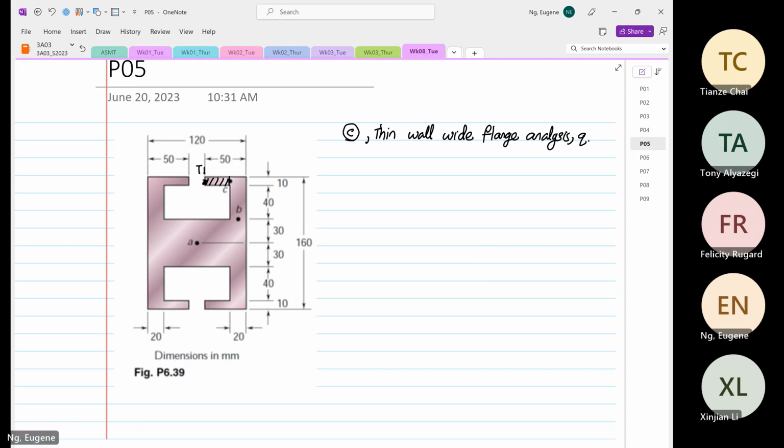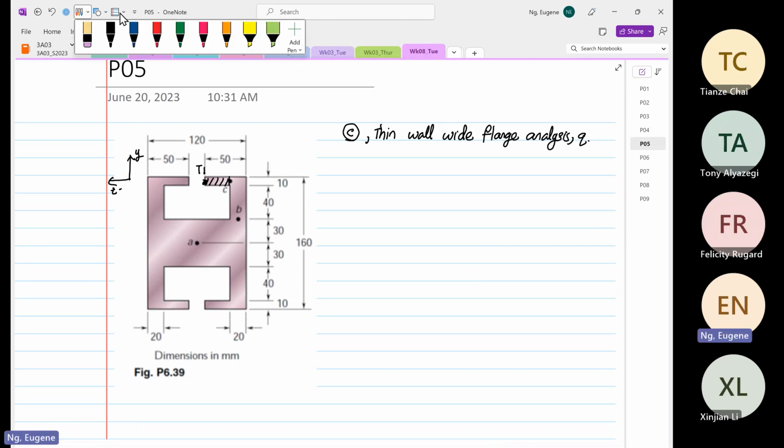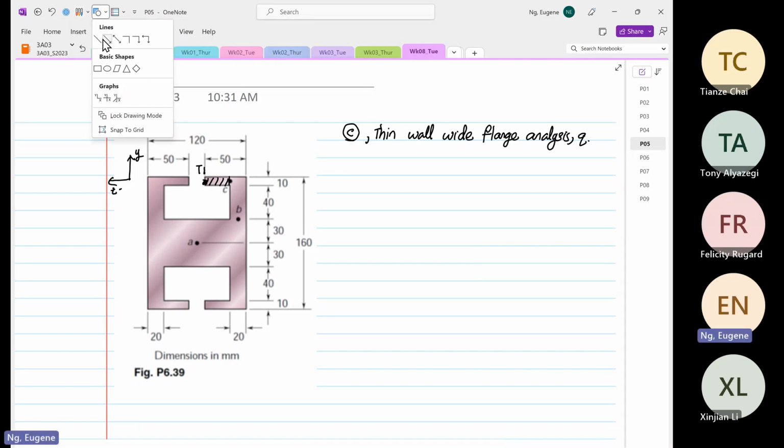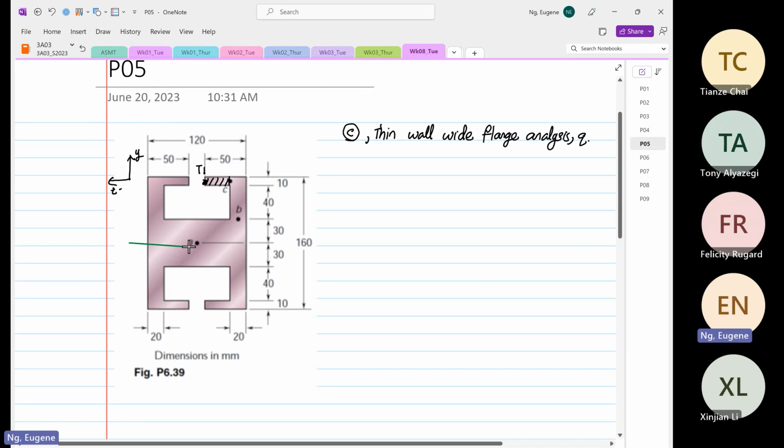Okay, so Qz, so if this is our transformation, Y and Z, and over here is our centroid. So I'm going to draw our centroid.